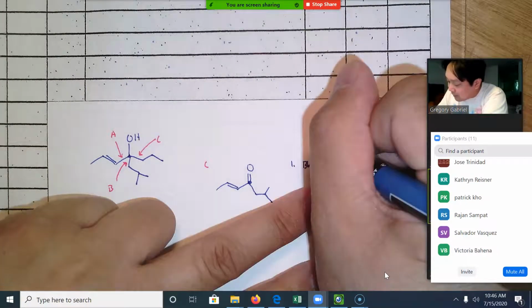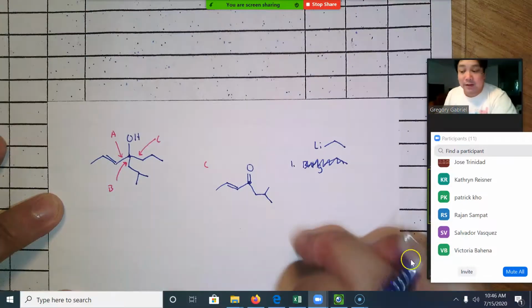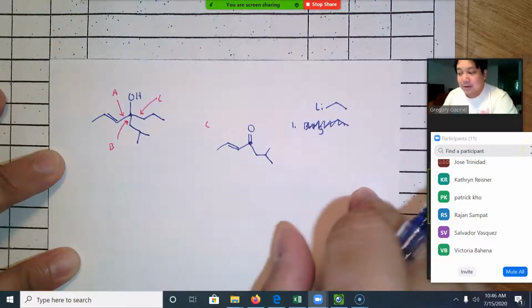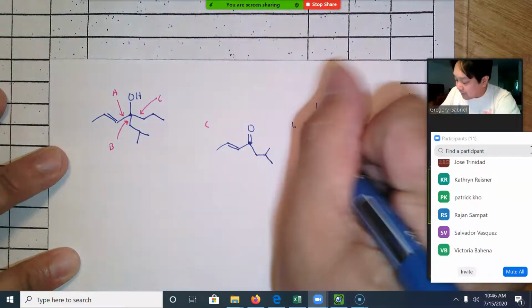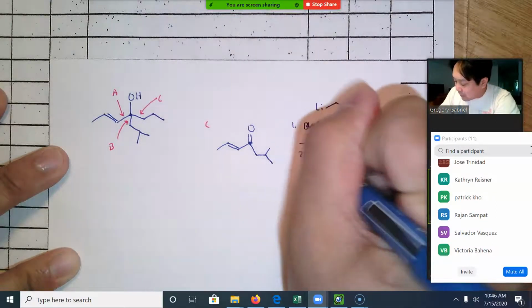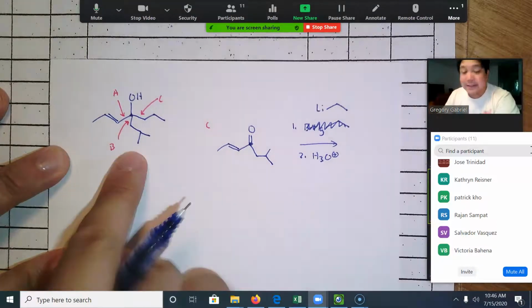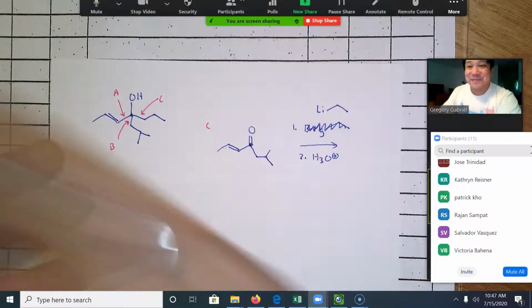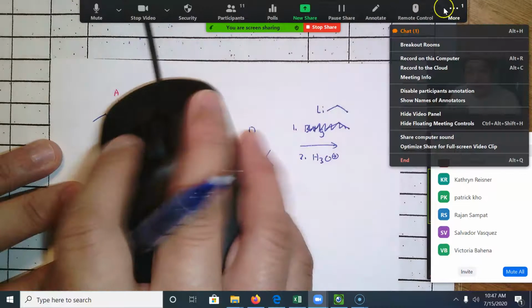If you're like me, I would never be able to study off of this note card. It's just too distracting. So, I'll plan it out and then I'll recopy it a little bit neater. 2, H3O plus. I'm not going to draw the product because the product is this. Now, did someone say that in chat? Let me see what chat looks like.